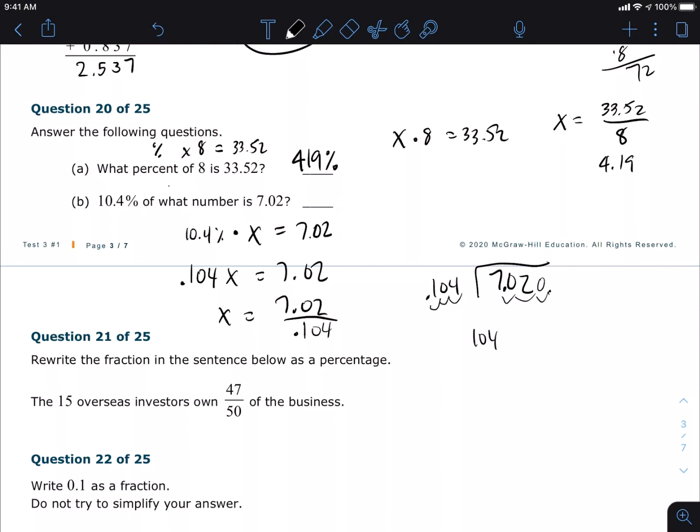So I'm going to go 1047020. Is that how Alex showed you? Okay. So I don't think 7 will work. So I need to use 6 here. And that's going to be 624. Subtracting that, I need to borrow. So 8 and 7, and then bring down the 0. 7 should work there.